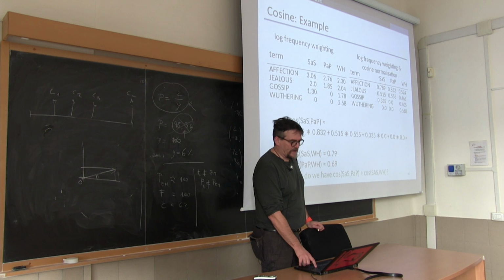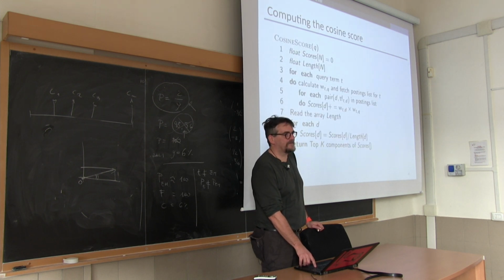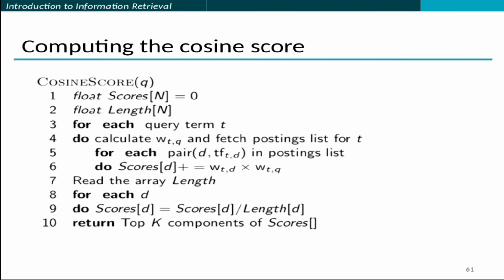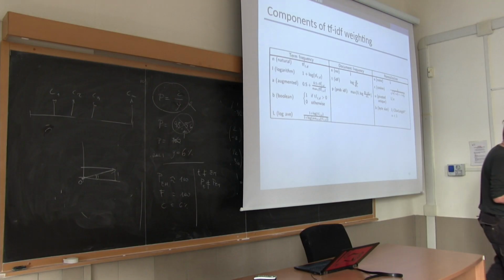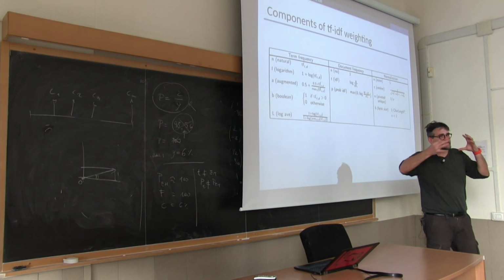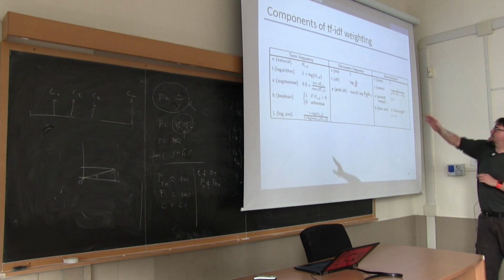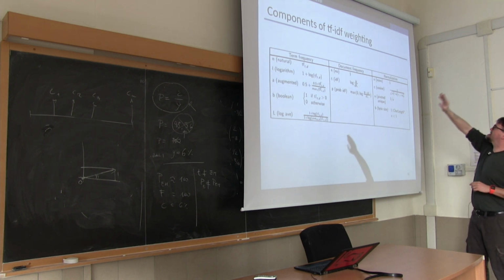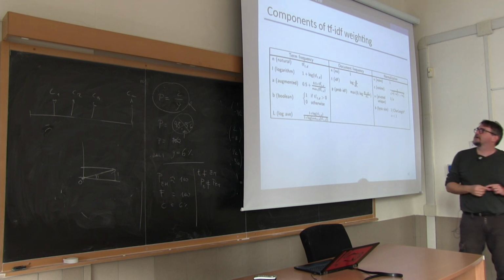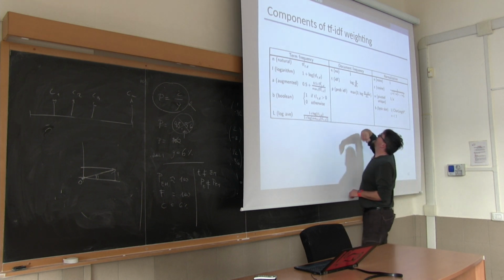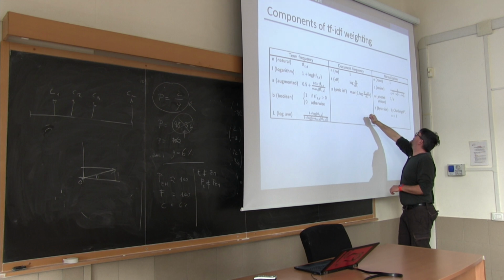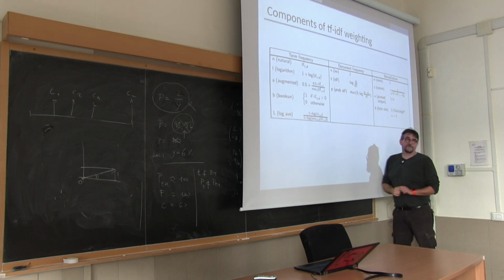So, okay, computing the cosine score is relatively simple, as we said before. Now, consider that we made all the steps, and so we have in mind that for term frequency, for document frequency, and for normalization, we would like to use the logarithmic term frequency, the logarithmic IDF, and then the cosine normalization.